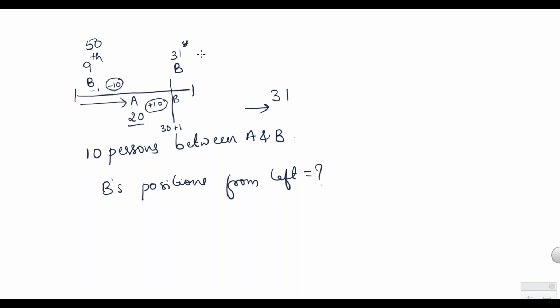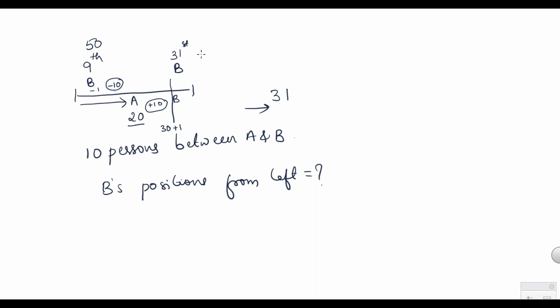Because if the data is A is the 20th person and there are 10 persons between A and B, we get two cases. One is B can be on the right of A, another is B can be on the left of A. So in that case, the answer cannot be determined. With the given data, we cannot say exactly whether B is on the right or on the left.